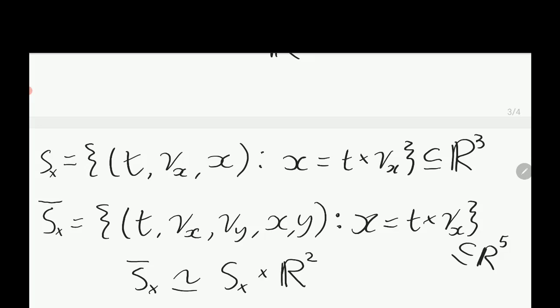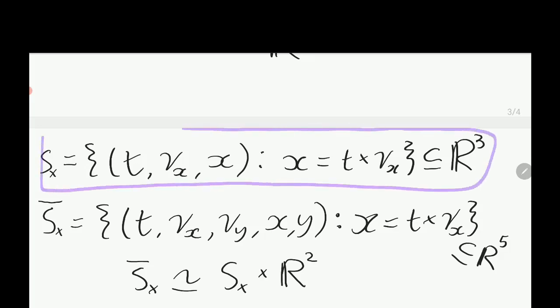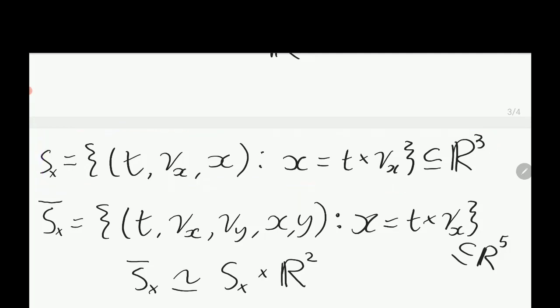Well, this thing here is just a 2D surface in 3D space, and it consists of a load of triples of numbers which satisfy a certain property. And now we've taken all of those triples and added in a couple of extra numbers, Vy and y, but we haven't got any constraints on what Vy and y are supposed to do.